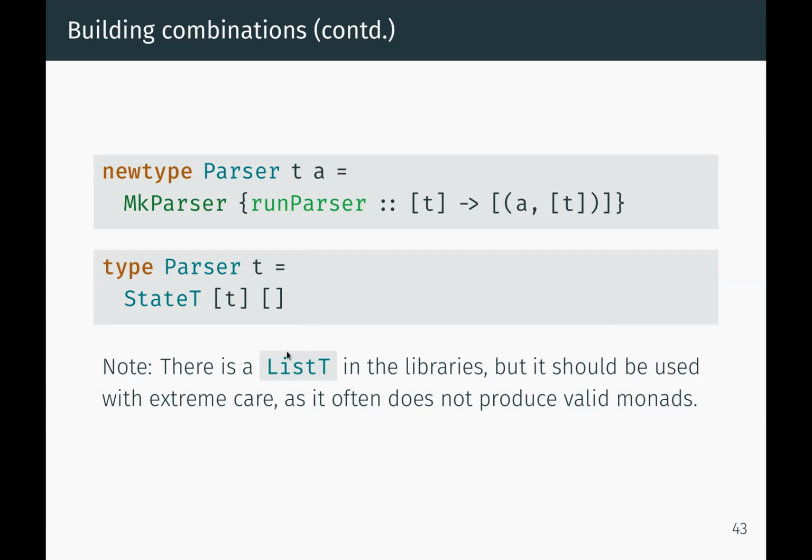But the traditional historical ListT, which is in the MTL package, is actually broken. So that is not the correct implementation. However, there are other packages on Hackage. Maybe we can look at one in the next lecture or so that do that properly. So in principle, there are several implementations of a ListT monad transformer that add non-determinism to an arbitrary monad.